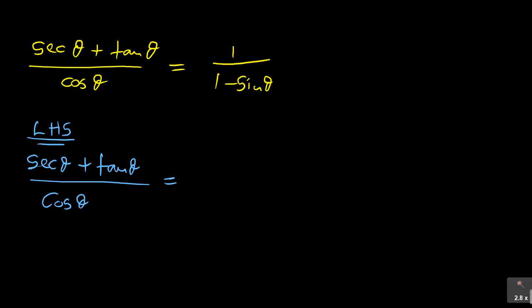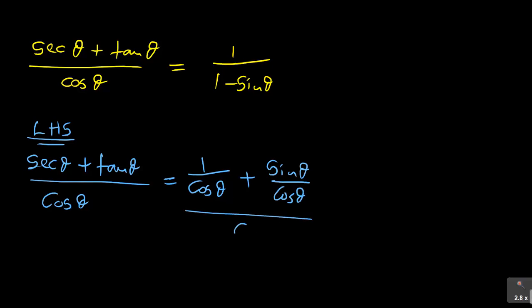This is equal to, remember, sec is 1 over cos theta, plus, if I use the identity for tan, it will be sin theta over cos theta. All this is divided by cos theta.